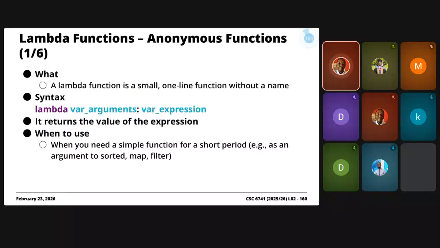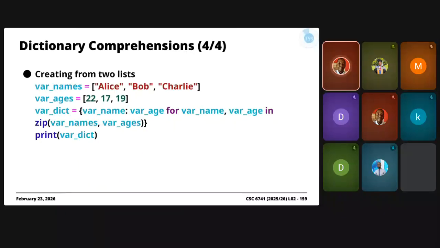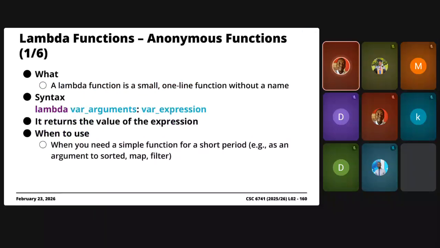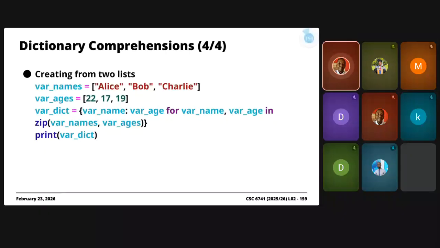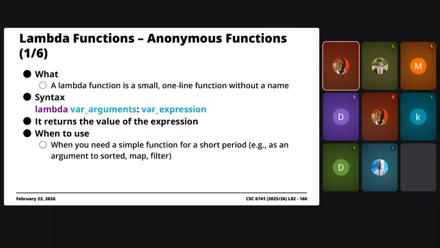If not, today I had planned that once we are done with this part, we were supposed to start our discussion of the NumPy library, but because of the mishap that keeps on happening, once we're done with lambda functions, I'll leave it up to you to decide when you'd want a session to make up for the time we've lost, the technical glitches, and we started late as well. But anyways, next up is our discussion of so-called lambda functions. A lambda function is nothing more than an anonymous function.